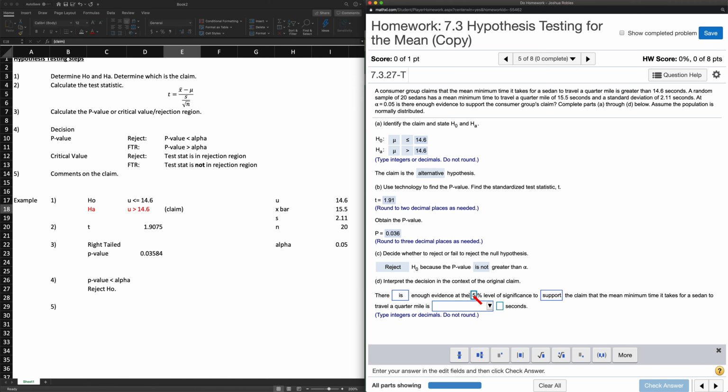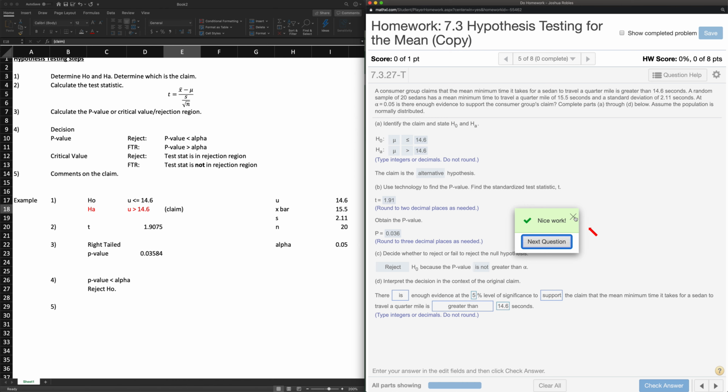I think this is going to want that as a whole number since it says percent. And this is just restating the claim. So what was the claim? It was the alternative hypothesis. So that claim was that it was greater than 14.6 seconds. All right, looks good.